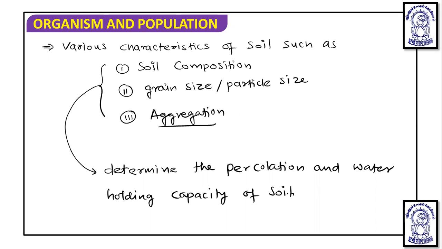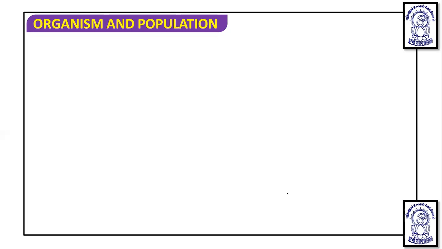Similarly, in the aquatic environment like the pond, lake, sea and ocean, the sediment characteristics often determine the type of benthic animal that thrives there. So this statement is important.